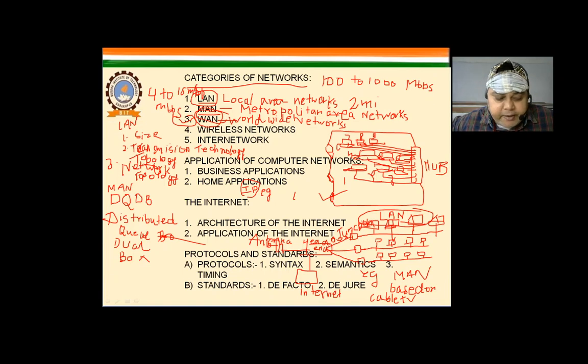And this ISP, the internet service provider, the job of the subnet is to carry messages from host to host, meaning communicating devices like PC, computer, laptop, and other communicating devices such as printers, just as the telephone system carries words from speaker to listener.